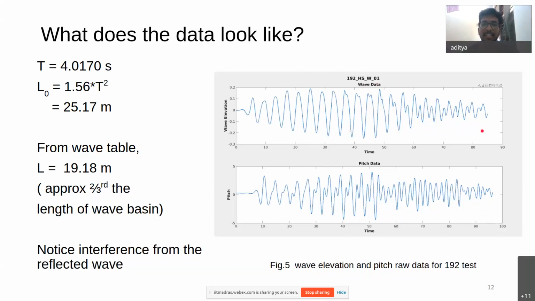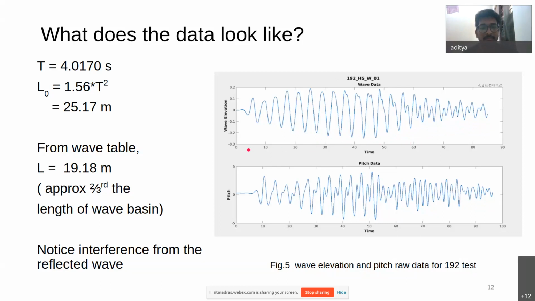So why might this have happened? The wave that was generated for this particular experiment had a time period of 4.01 seconds. The wavelength for that time period was around 19.1 meters.